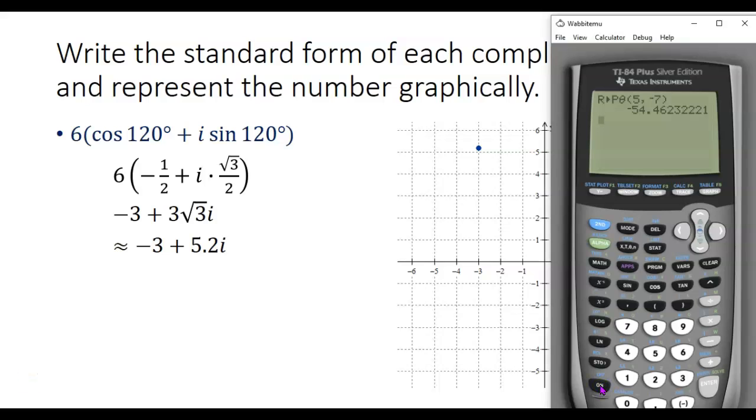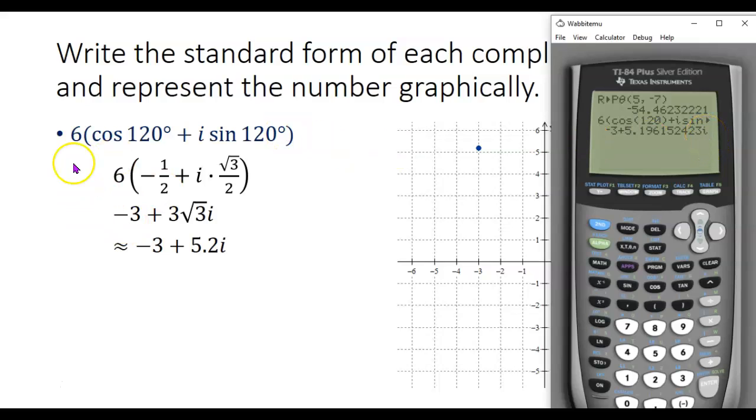And watch me put this into the calculator. I could take advantage of some special conversion functions, but instead I'm just going to put it in pretty much just like this. 6 times the cosine of 120, and I am in degree mode, plus i times the sine of 120, and then close the big set of parentheses, hit enter, and it does show up as negative 3 plus approximately 5.2i.